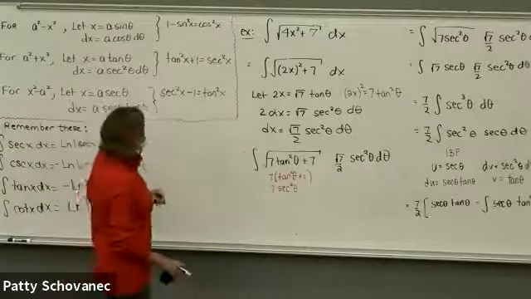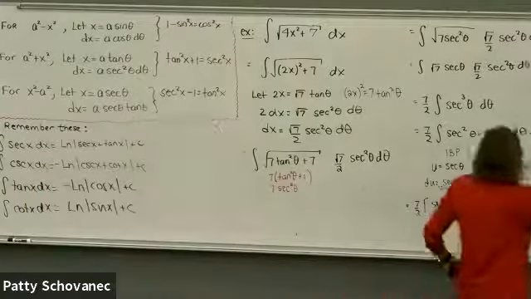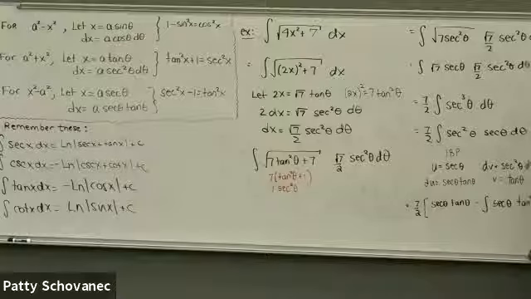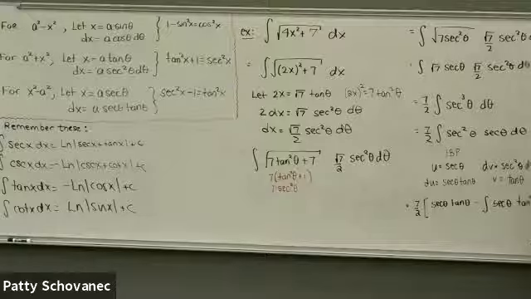It's done. Let's do it. I'm going to go ahead and distribute the 7 halves, replacing tangent squared theta with secant squared theta minus 1.